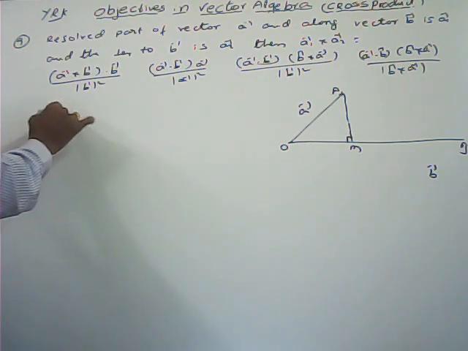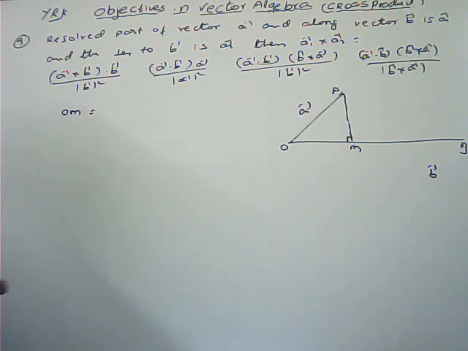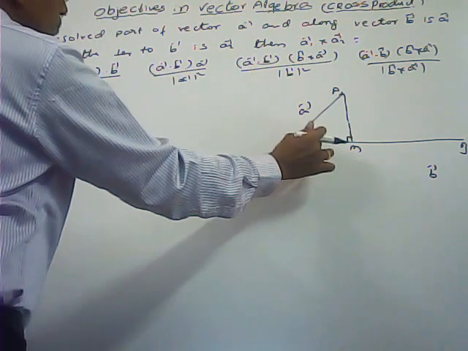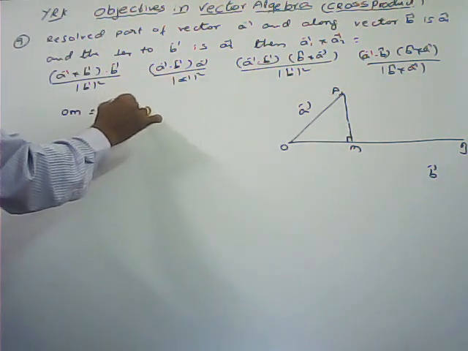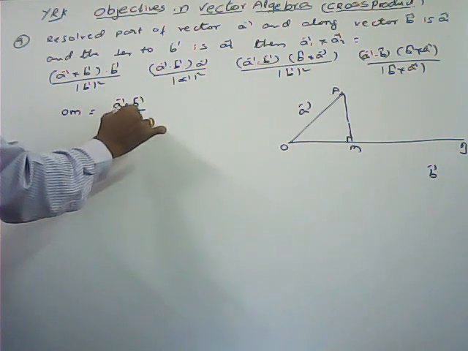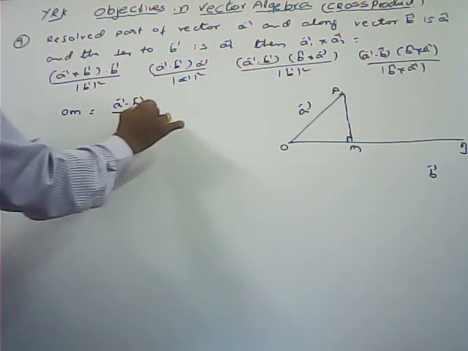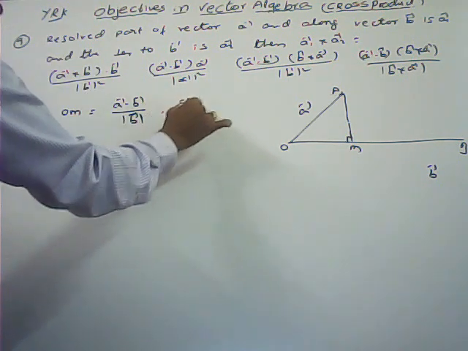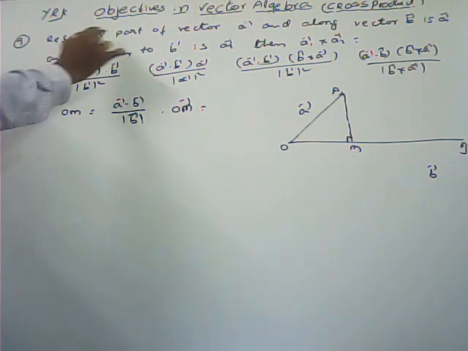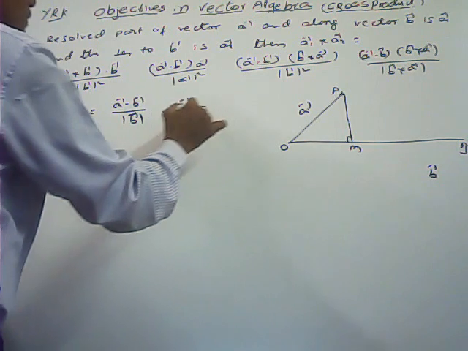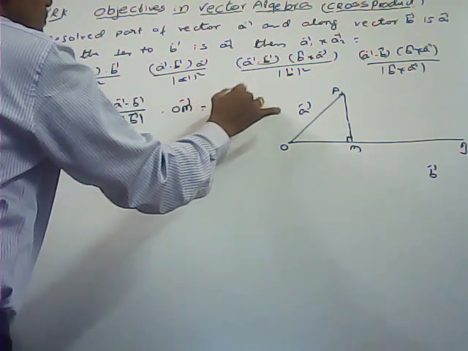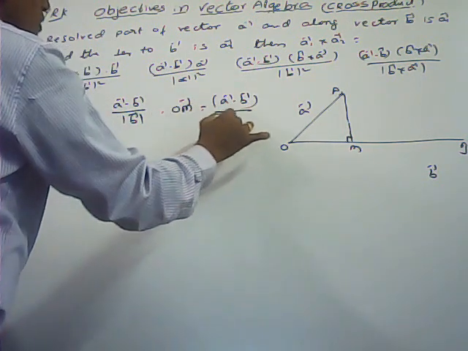So OM is the projection of A bar on B bar, that is A bar dot B bar by modulus of B bar. For OM bar, the resolved part of the vector, to get a vector the magnitude should be multiplied by the unit vector in the direction of B bar, that is B bar by modulus of B bar.